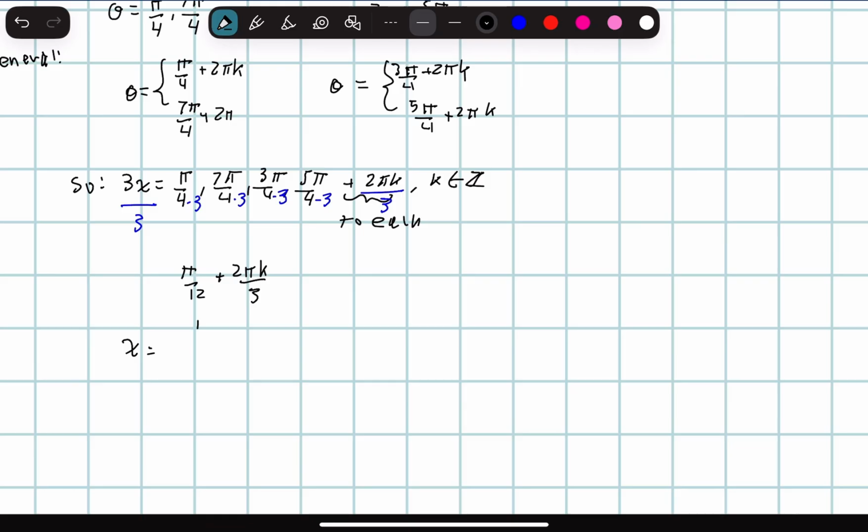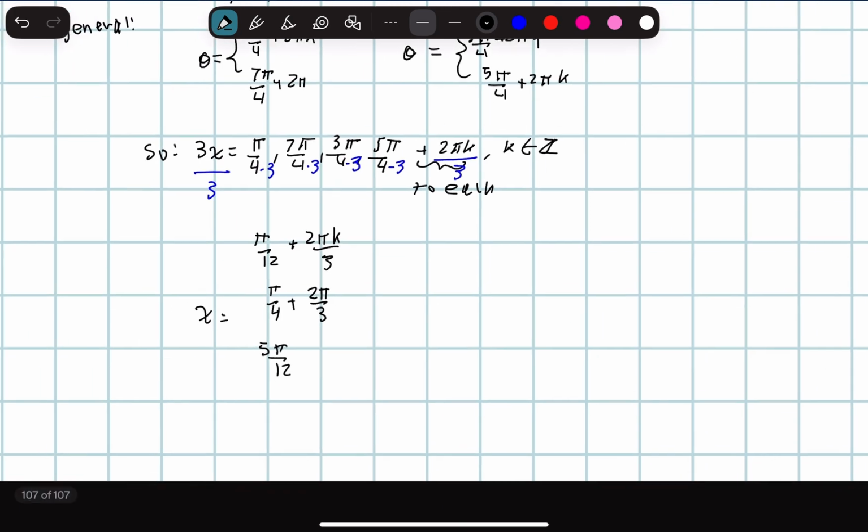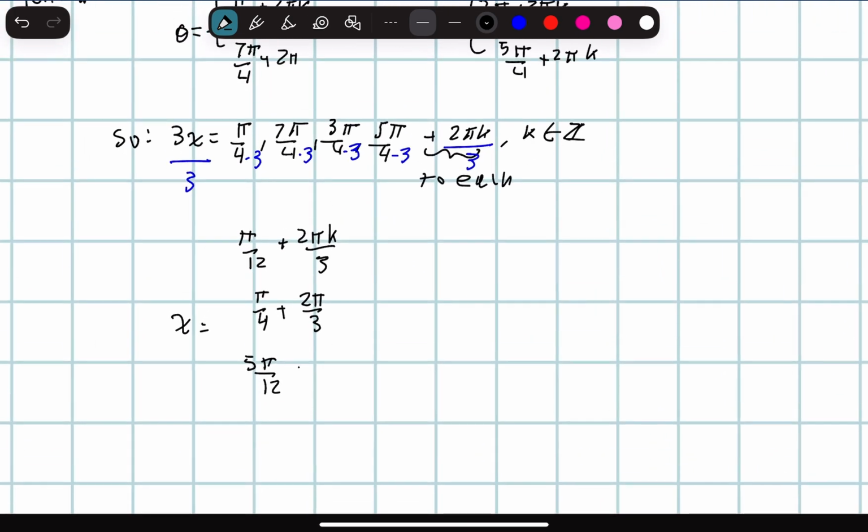And then pi over 4 plus 2 pi over 3, and then we have 5 pi over 12 plus 2 pi k.